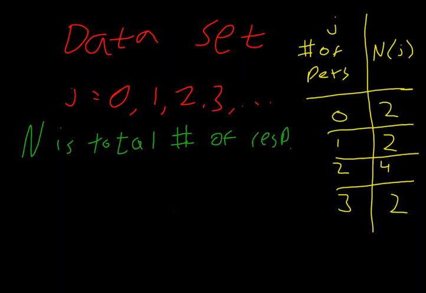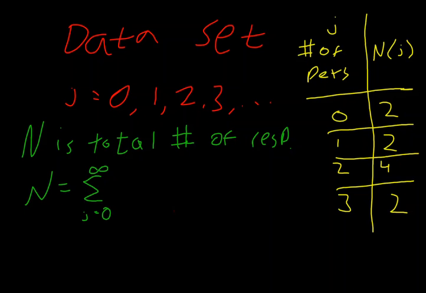Obviously in this case it would be 10, but we can write this out mathematically: N is equal to the sum from j equals 0 to infinity. Even though we're only going up to 3, theoretically we could get 4, 5, 6, 7. Somebody might have 375 pets. We could go up to however many we want.